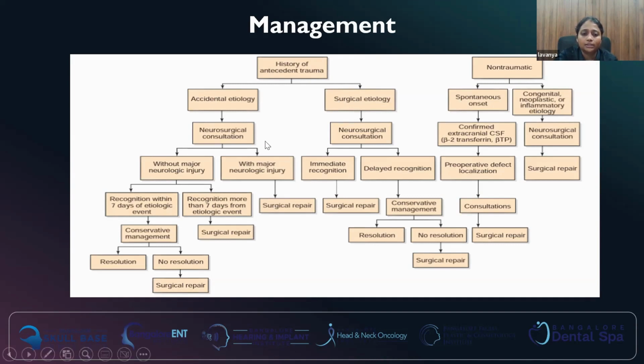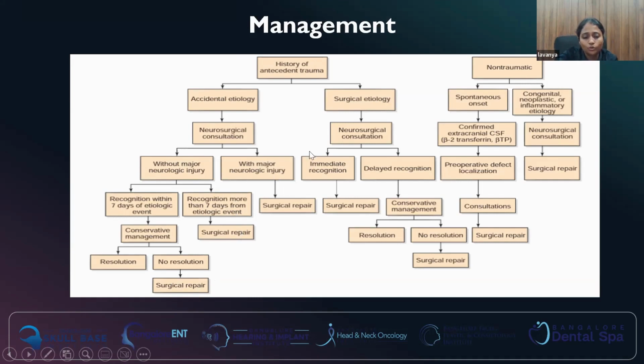If it is accidental, after a consultation, and there is no major neurological injury, and if we recognize it within 7 days of the event, we can do conservative management and only plan for surgical repair if there is no resolution. But if the recognition of the CSF leak is after 7 days, then we generally go for surgical repair.